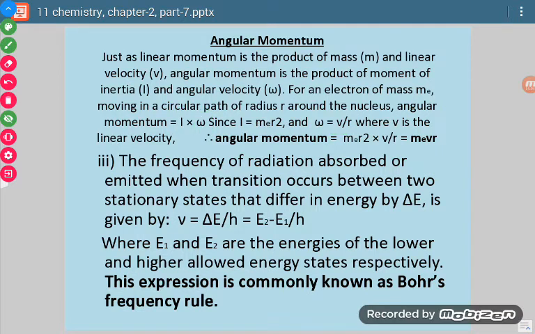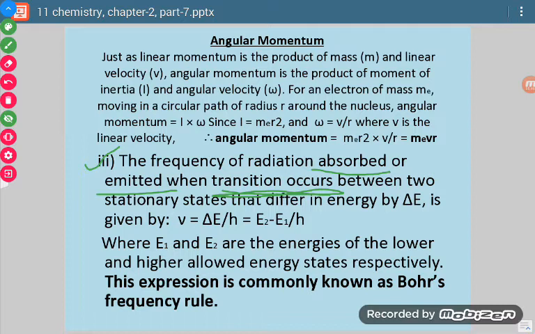So what is the third postulate? The third postulate concerns the frequency of radiation absorbed or emitted when a transition occurs. Transition means the electron is moving from a lower level to a higher level or from a higher level to a lower level.